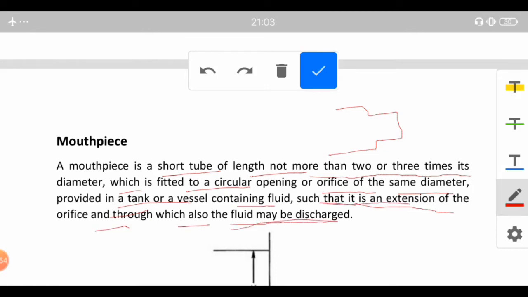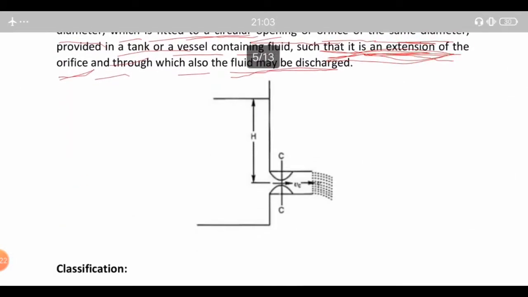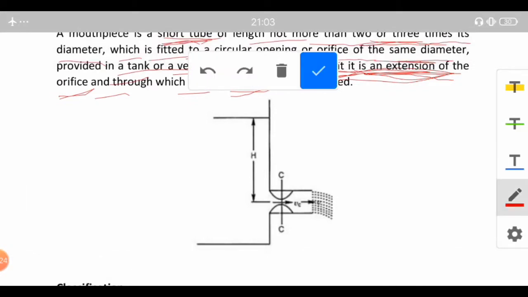So note that it is basically an extension of the orifice. Here is the diagram.